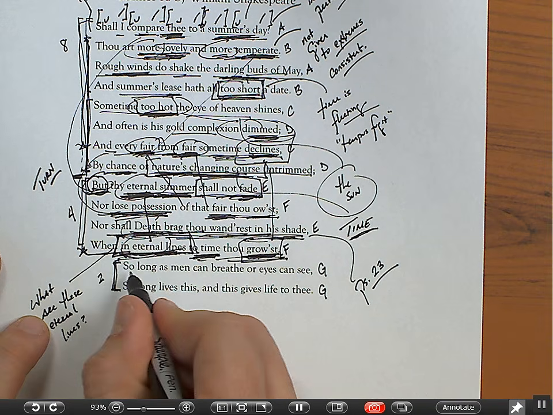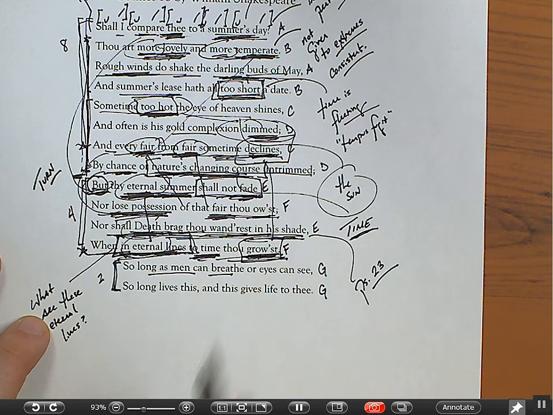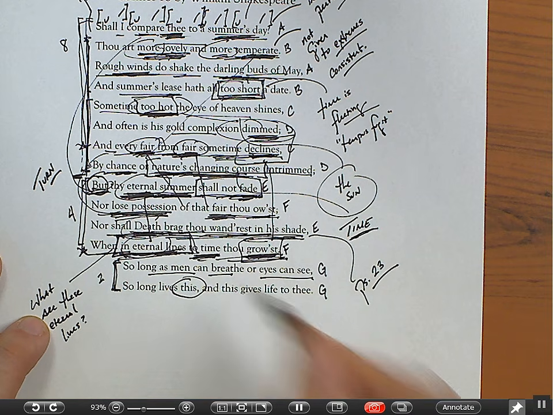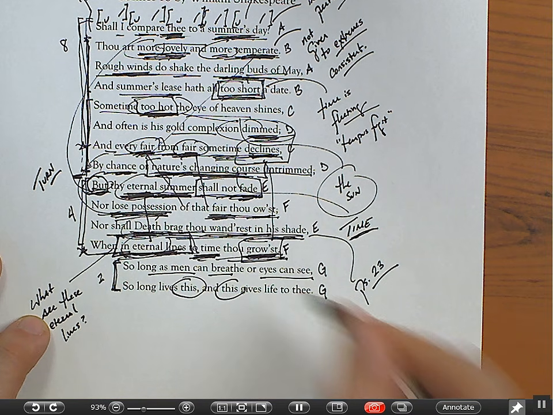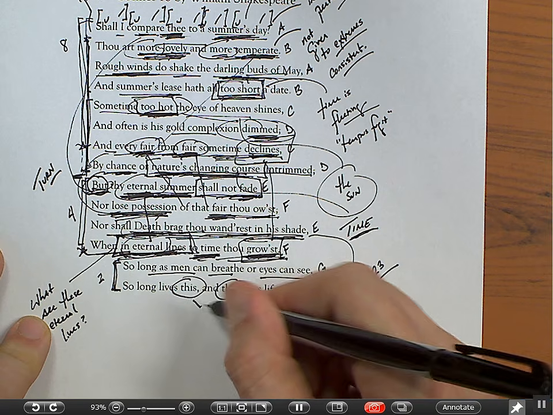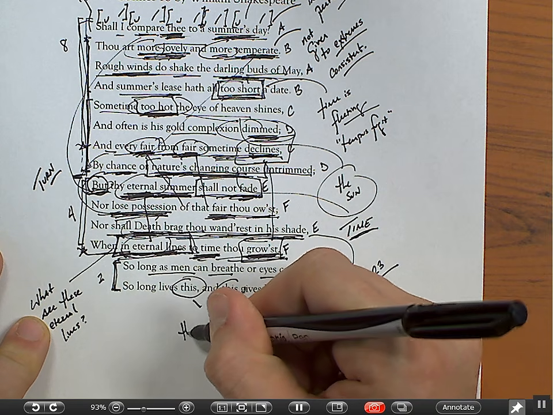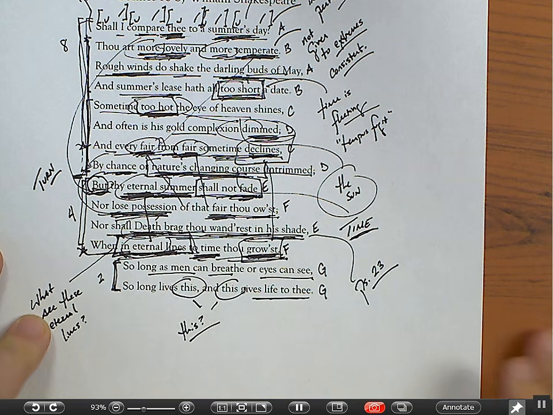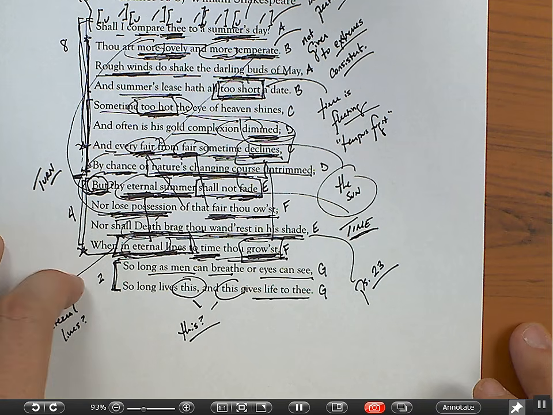What does he mean? So long as men can breathe or eyes can see, so long lives this, and this gives life to thee. It would seem everything depends on what is the this.